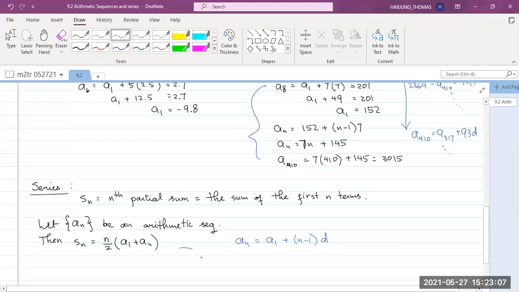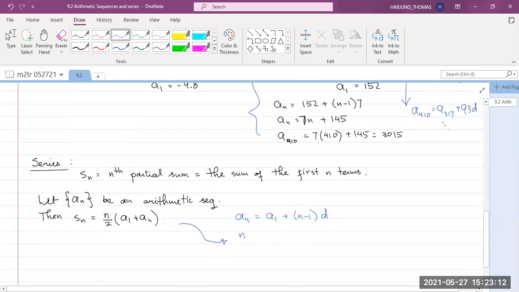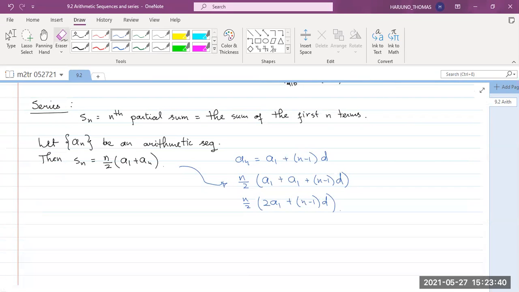So we may modify this formula later on to be n over 2 times the first term plus the first term plus n minus 1 d, which simplifies to n over 2 times 2 times the first term plus n minus 1 times d. You can see that modification, but usually the one you really need to memorize is this one. Okay, now the proof, which is the one I like.